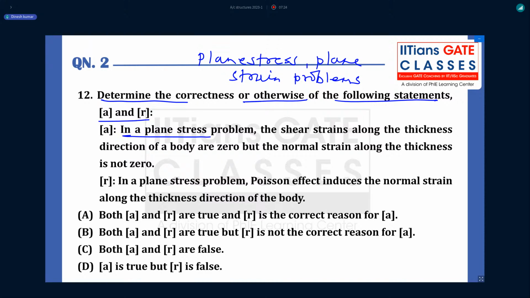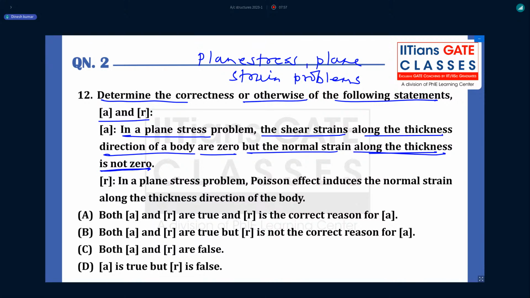In a plane stress problem, the shear strain along the thickness direction of a body is 0, but the normal strain along the thickness direction is not 0.